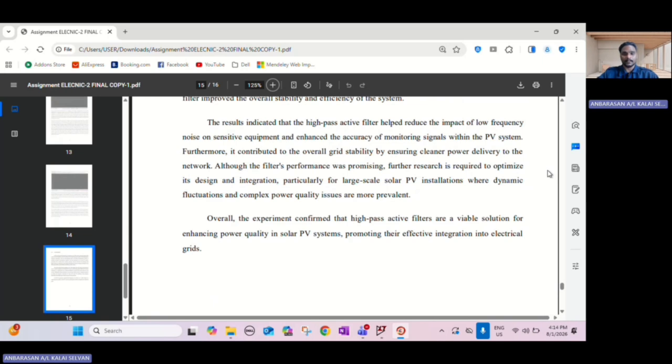Although the filter's performance was promising, further research is required to optimize its design and integration, particularly for large-scale solar PV installations where dynamic fluctuations and complex power quality issues are more prevalent. Overall, the experiment confirmed that high-pass active filters are a viable solution for enhancing power quality in solar PV systems, promoting their effective integration into electrical grids.